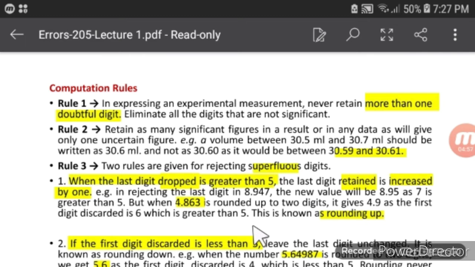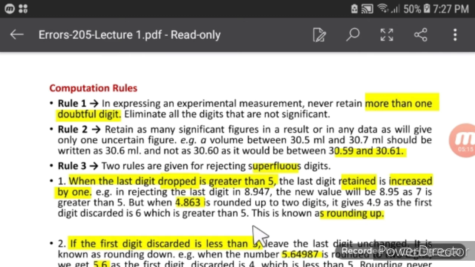According to the second rule, when we are discussing values or measurements, our value may lie between two values, like here an example, 30.5 ml and 30.7 ml.